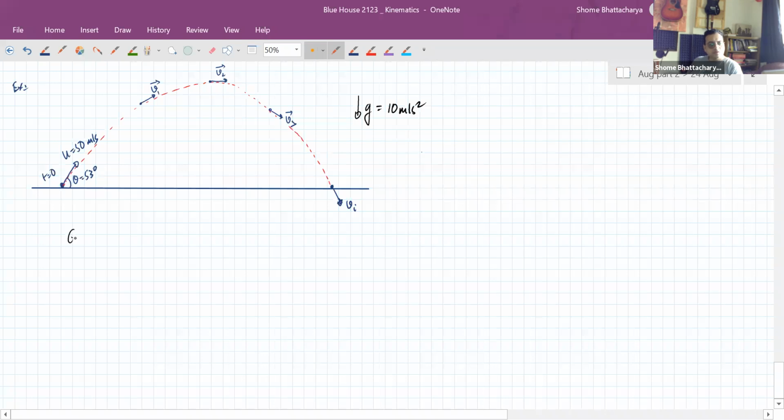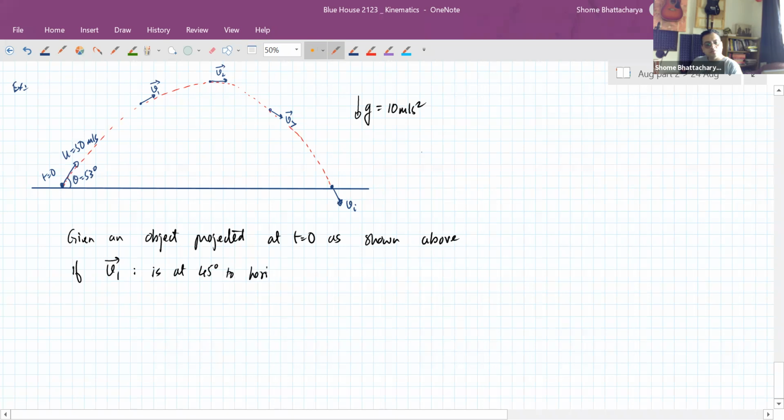Given an object projected at t equal to 0 as shown, if V1 is at 45 degrees to the horizontal, V2 is horizontal, and V3 is again at 45 degrees with respect to the horizontal.